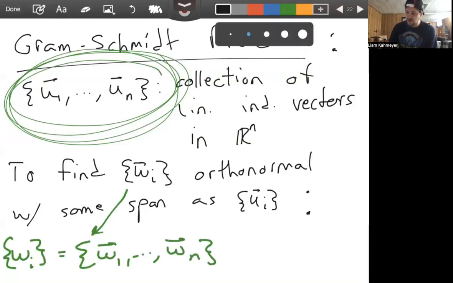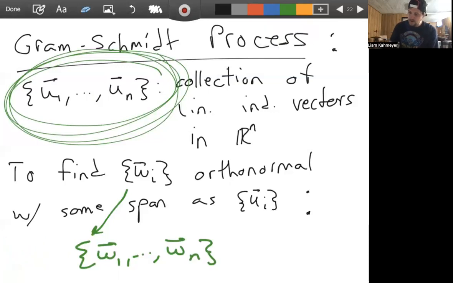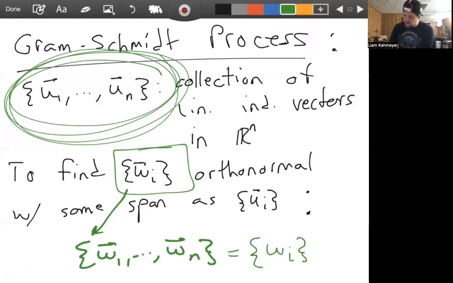Sometimes you'll see this notation to be more precise. If i is understood as the index, then you can just leave it as this. But a lot of the time, to be more explicit, or if i isn't immediately understood as the index, you'll write this wi with brackets, and then write i equals 1 in the subscript to n in the superscript.